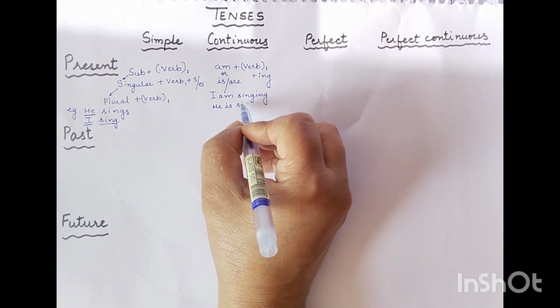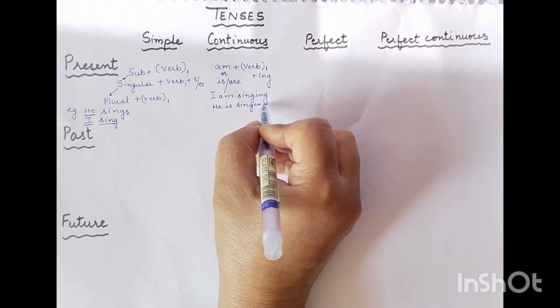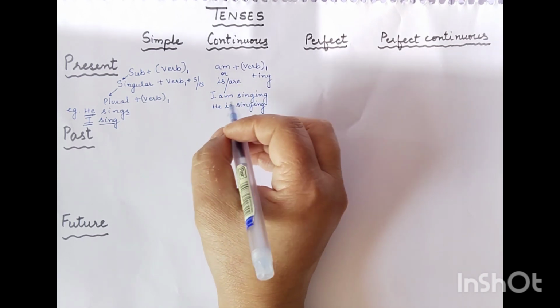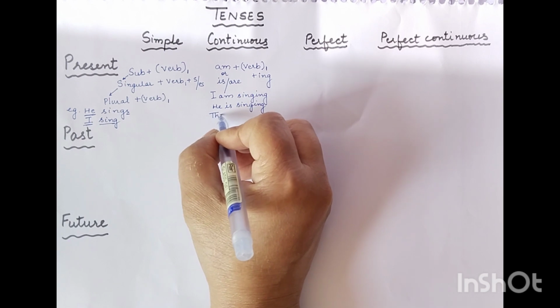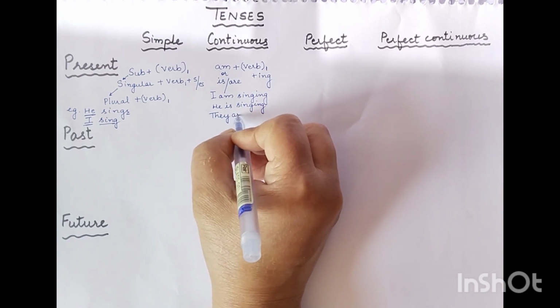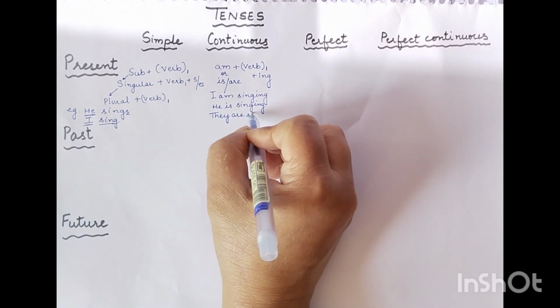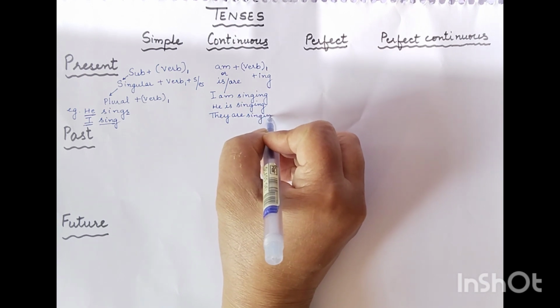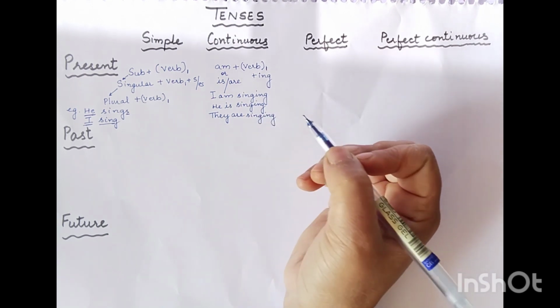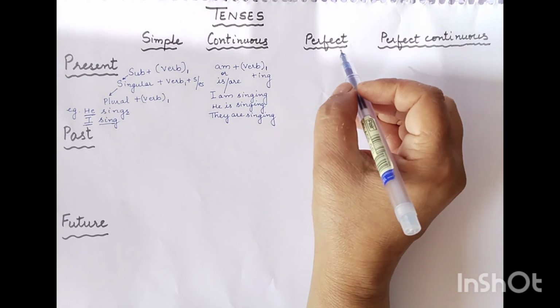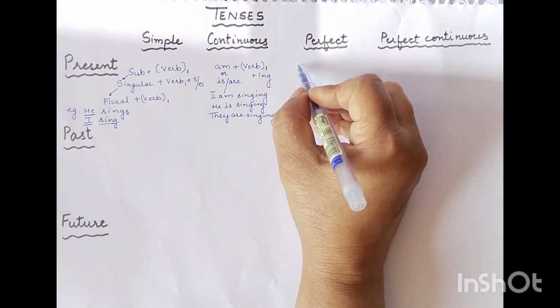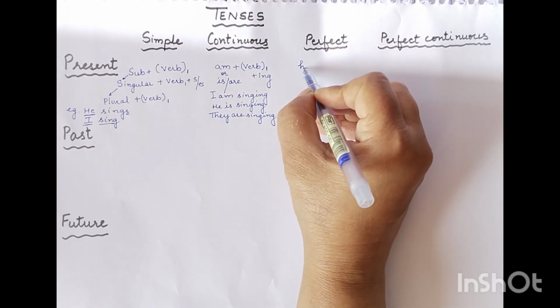He is singing. Now he is singular. They, plural word, they are singing. Okay, am, is or are plus first form of verb plus ing.